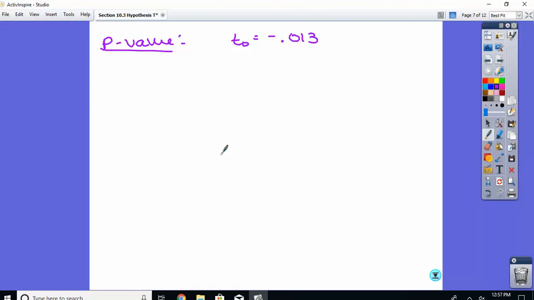Just like when we were doing our P value approach, we'd find the probability that Z was greater than or less than that value. Because I have a two-tailed approach, here's my T. I can find this, but it's two-tailed, so I really need this one as well.